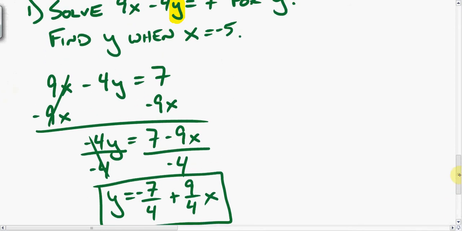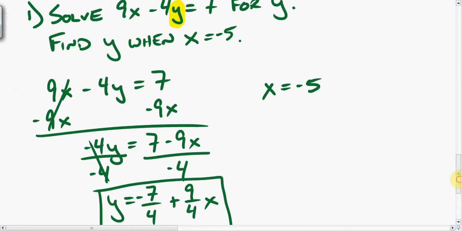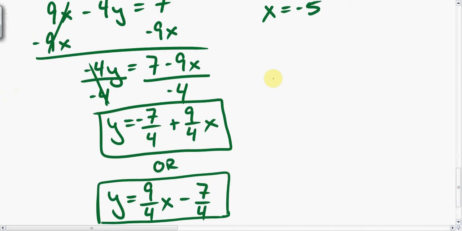Next, we're going to go ahead and find y when x equals negative 5. So if x equals negative 5, I'm actually going to take the second equation, y equals 9/4 x minus 7/4, and I'm going to plug the value of negative 5 in for x.